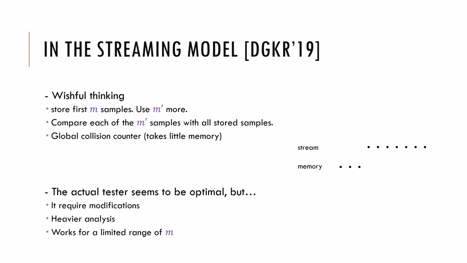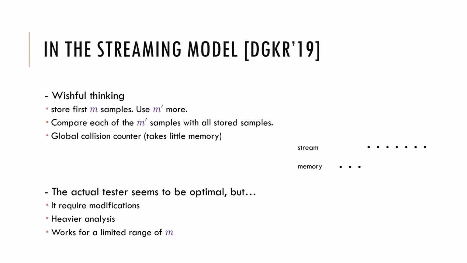The actual tester has some adjustments. It does a bit more than just counting collisions. And these added procedures actually affect the analysis quite heavily, so the analysis is not as straightforward as you think.